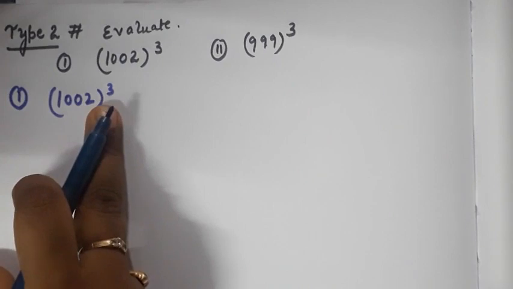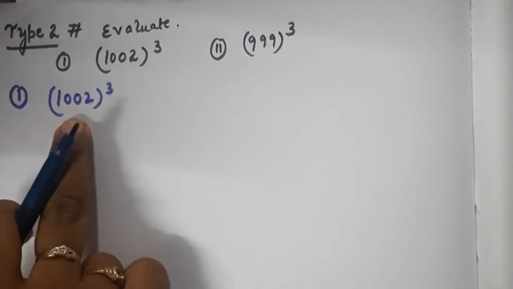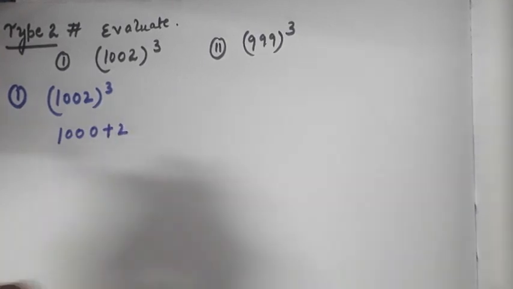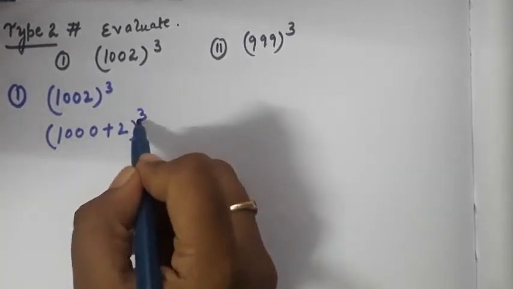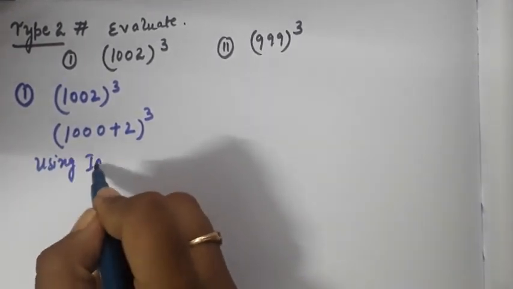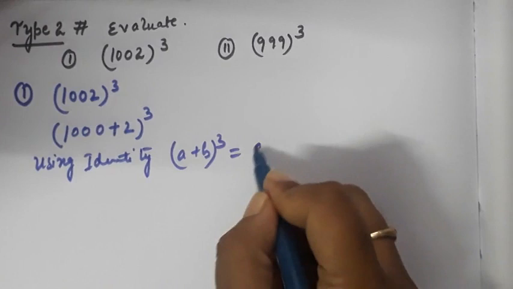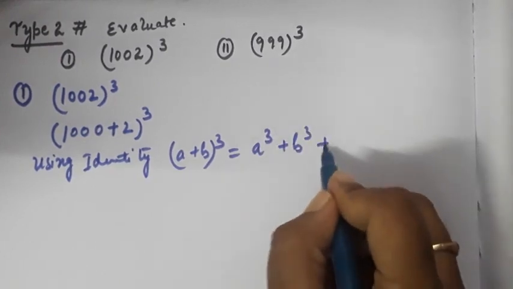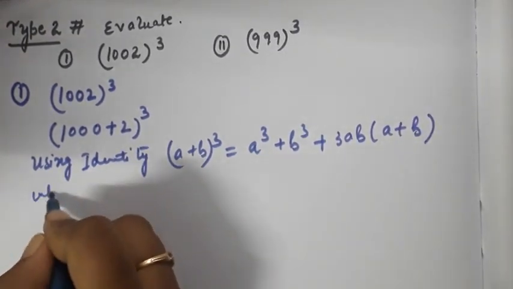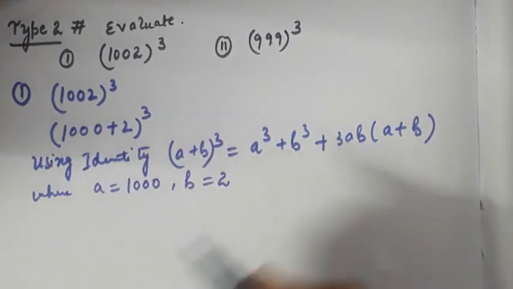First of all we will try to write this in terms of (a − b) whole cube or (a + b) whole cube. I can easily write it as (1000 + 2) whole cube. So I can use the identity (a + b) whole cube equals a cube plus b cube plus 3ab(a + b), where a is equal to 1000 and b is equal to 2.